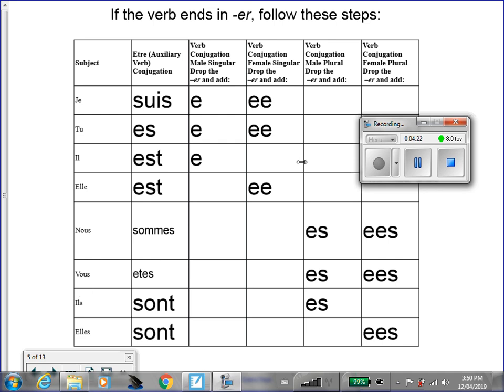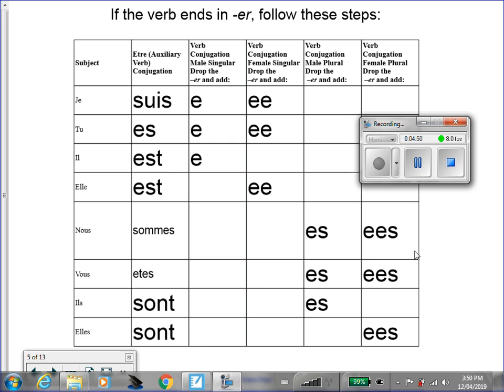So in that case, the er changes to és. For the feminine case, nous, vous, and elles are all plural. Nous and vous can be feminine as well. Elles is definitely feminine. And so in this situation, the er changes to ées.